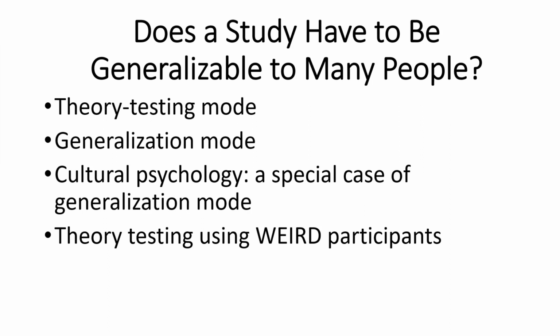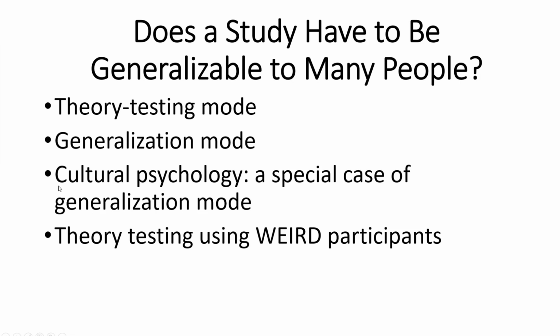So if we're caring about generalizing to many people, to larger populations or different populations, we're going to talk about things like being in theory testing mode versus generalization mode, which is basically, have we prioritized internal validity or external validity?